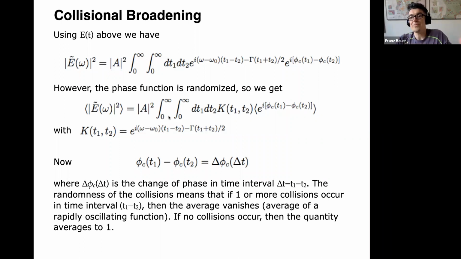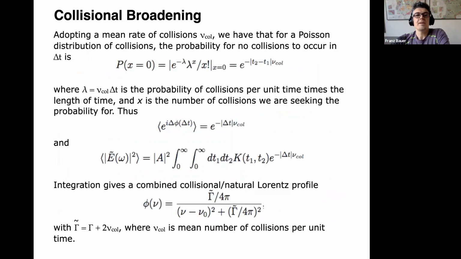So we end up with a Lorentz profile, but a modified version. If we adopt a mean rate of collisions, given by this value, which is also a frequency, then we can estimate the Poisson distribution of collisions. This is the probability that no collisions occur in this time frame, and it takes this form.